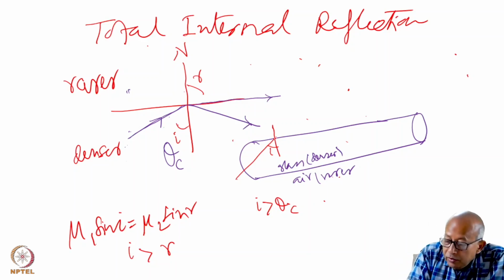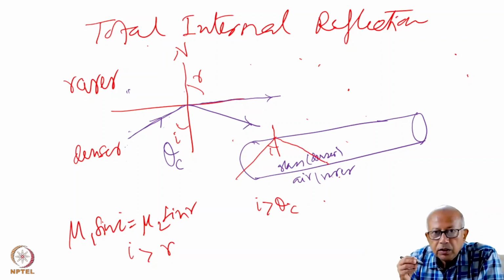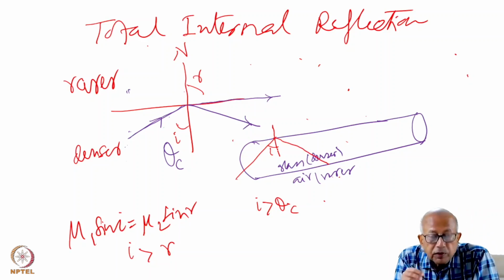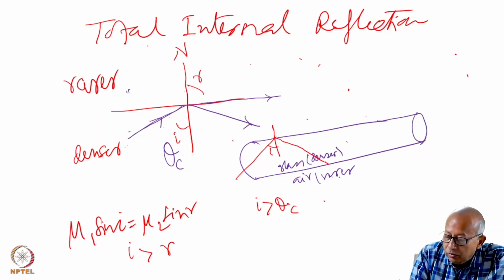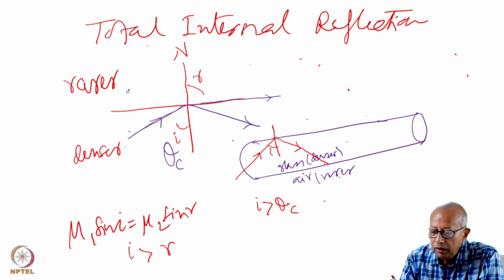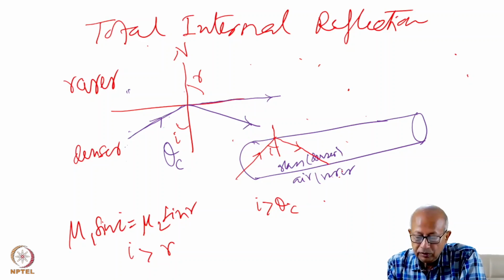So this light will then be totally internally reflected because there cannot be any refraction. Angle of incidence is more than critical angle. So the light now will be reflected and will fall on the other side of that glass and air interface.